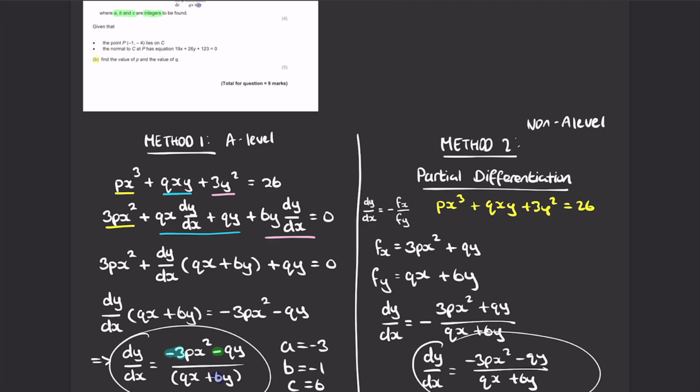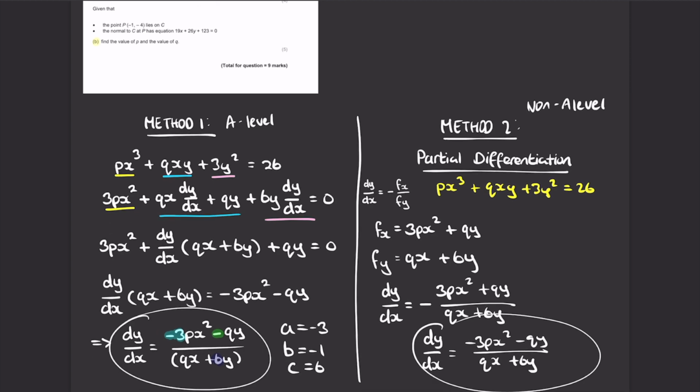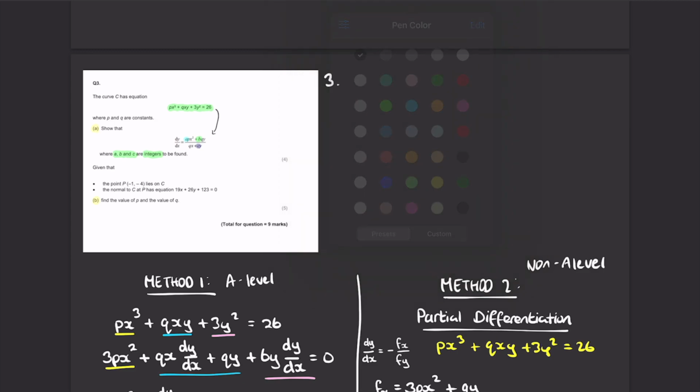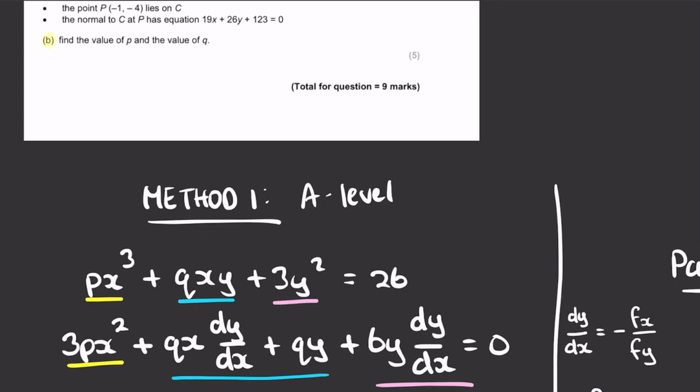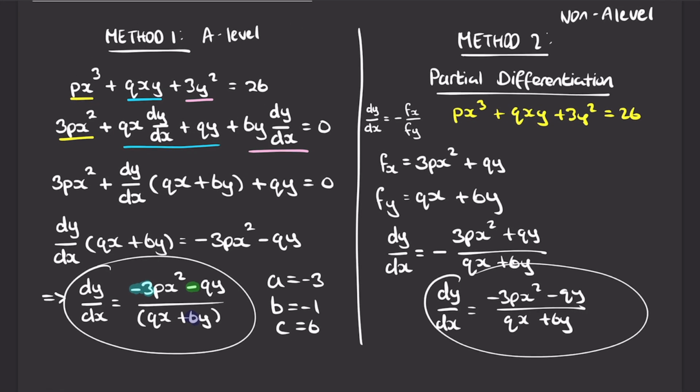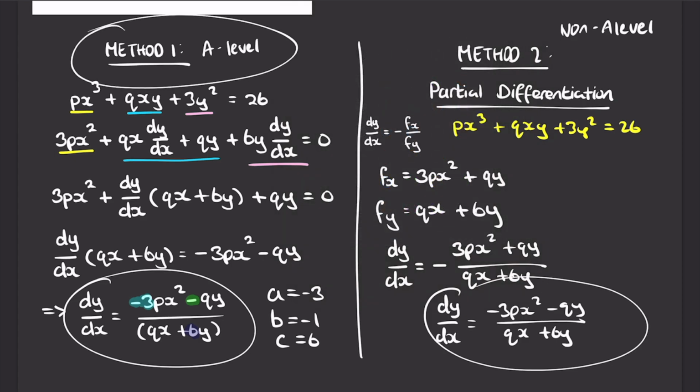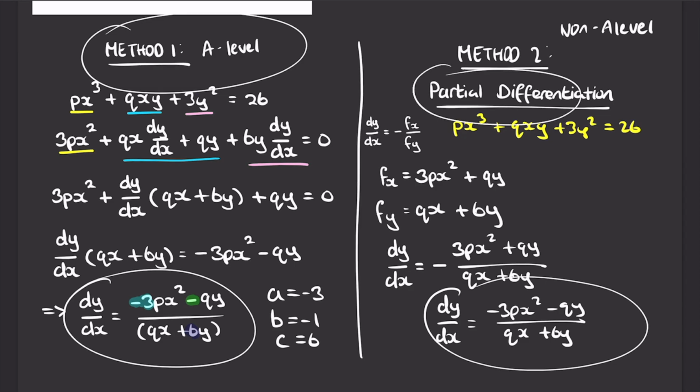However, do check with your exam board or your teacher or your syllabus, your spec, if you can use method 2, because sometimes they want you to specifically use implicit differentiation in the question. If it explicitly says in the question, like, show that dy by dx using implicit differentiation, then you'll have to use this method on the left, sorry, this method over here, because this is implicit differentiation and this is partial differentiation.